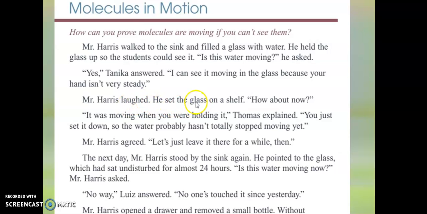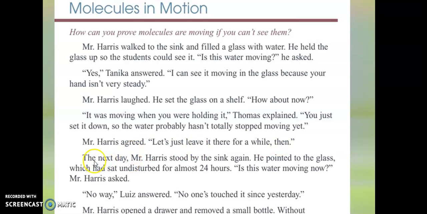He set the glass on a shelf. How about now? It was moving when you were holding it, Thomas explained. You just set it down, so the water probably has not totally stopped moving yet. Mr. Harris agreed. Let's just leave it there for a while.